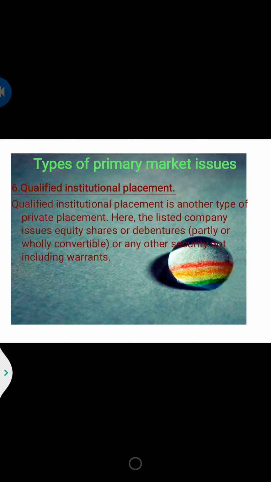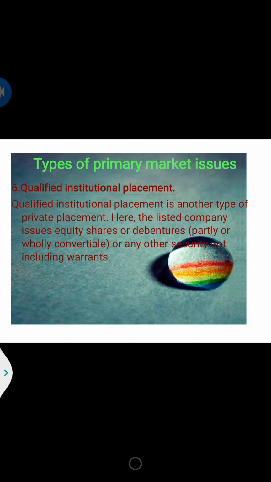QIP buyers are investors who have the requisite financial knowledge and expertise to invest in the capital market. Some buyers of qualified institutional placement are alternative investment funds, foreign venture capital investors, mutual funds, public financial institutions, scheduled commercial banks, and pension funds.